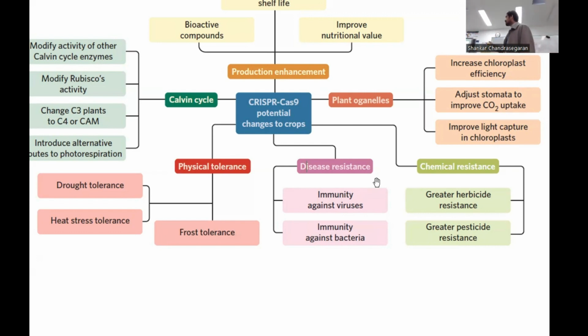This is just a small sample, and this is specific to photosynthesis as well. There are so many things you could do beyond photosynthesis when it comes to modifying the genome. And lastly is the physical tolerances. How tolerant can the plant be towards drought, sudden cold, and heat stress?